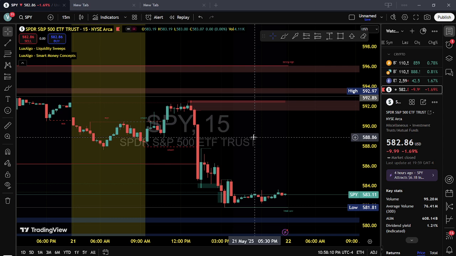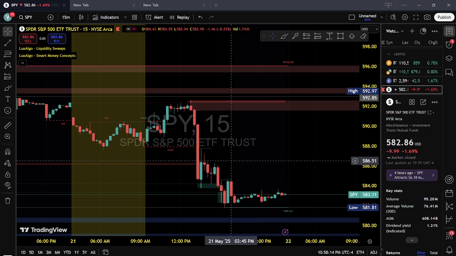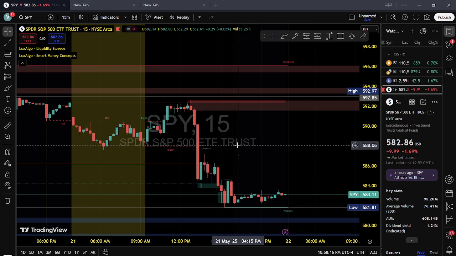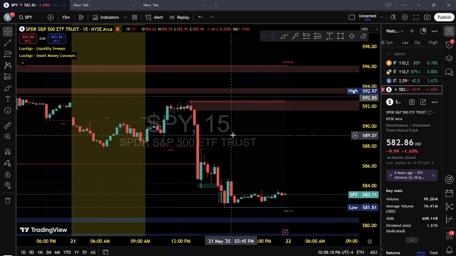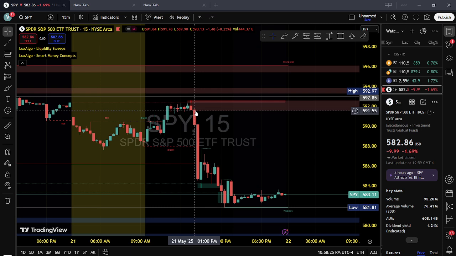The SPY sell-off was more than 1%, close to 1.6, and it occurred around 1 p.m. This was a huge sell-off in a day, right?